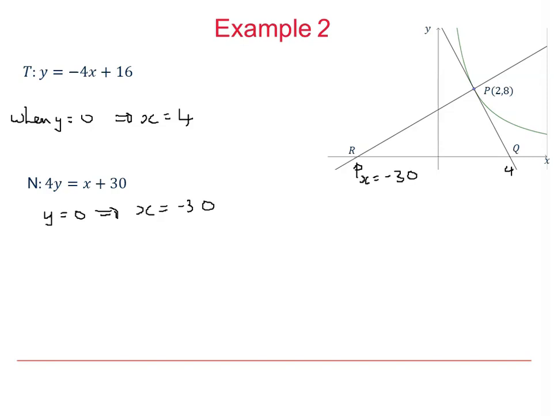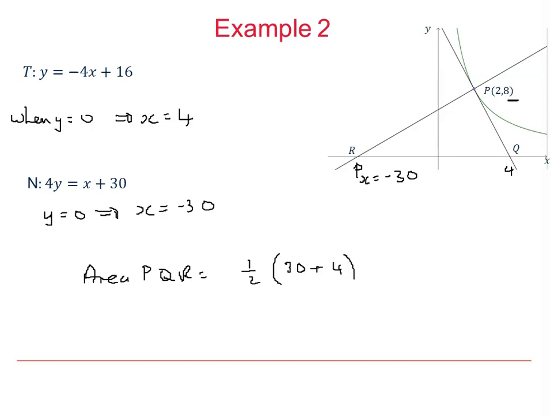Now the question asked us to find the area of the triangle PQR. Well, the area is straightforward once we've got those values. Area of PQR is going to be equal to 1/2 the base. The base length is 34, so 30 plus 4, and then multiplied by the height.